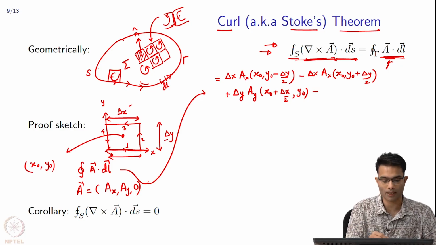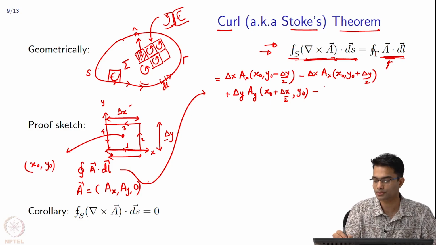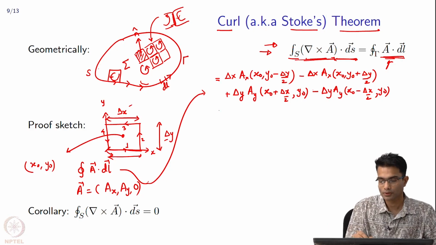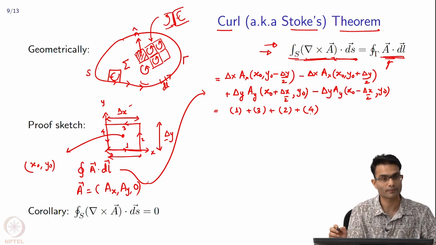When I go along path 4, my dl is pointing in the minus y hat direction, right. So, this is going to be minus delta y, Ay, x naught minus delta x by 2, y naught, okay. So, in other words, I took path 1 plus path 3 plus path 2 plus path 4, that is the order in which I did it, okay.